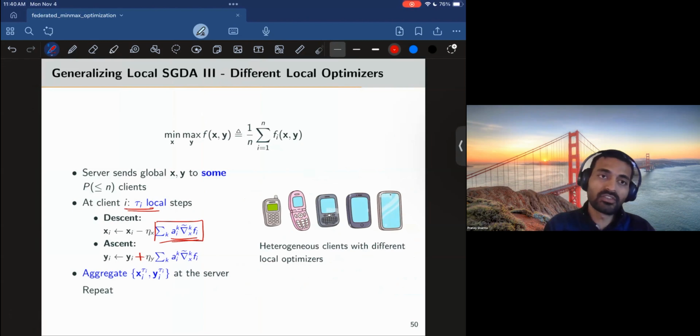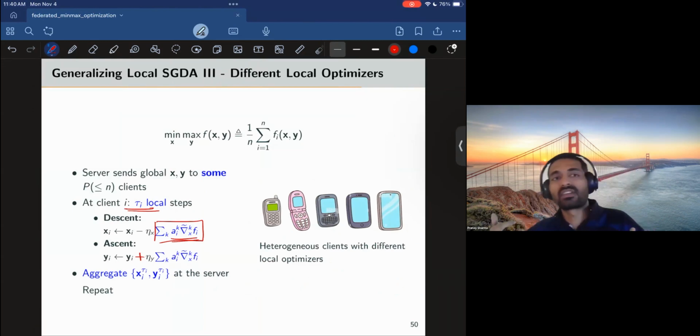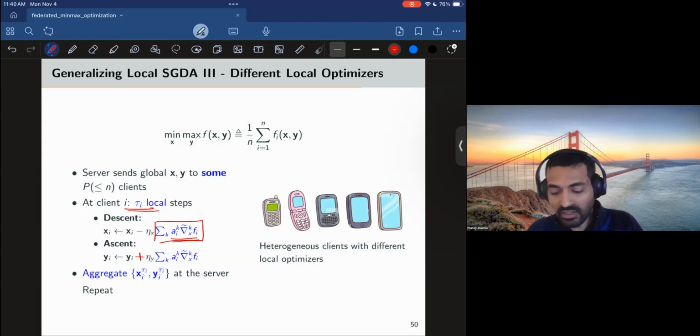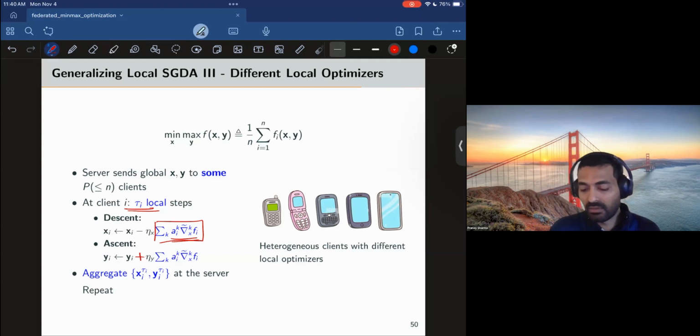So rather than just your current stochastic gradient, you can also use stochastic gradients you have used in the past. But as long as your update has this linear combination of stochastic gradients, we can allow whatever optimizer you want. So different clients can run different kinds of optimizer. And again, in that case, the aggregation will have to be modified slightly. This is very similar to what was done in FedNova again.